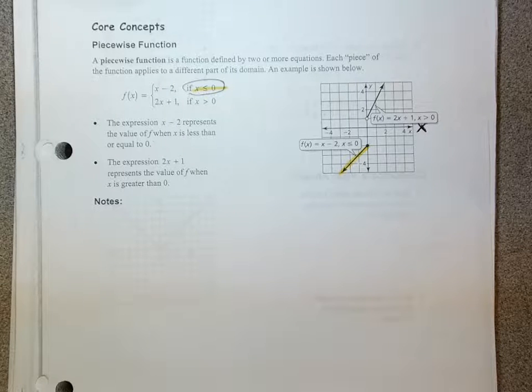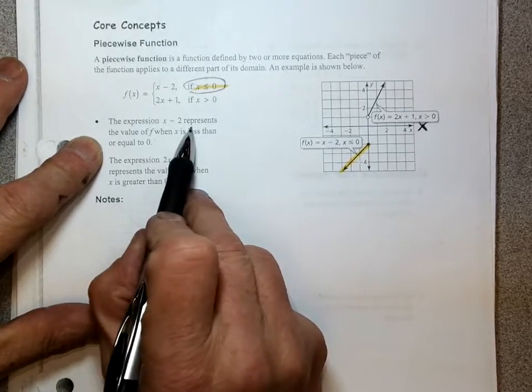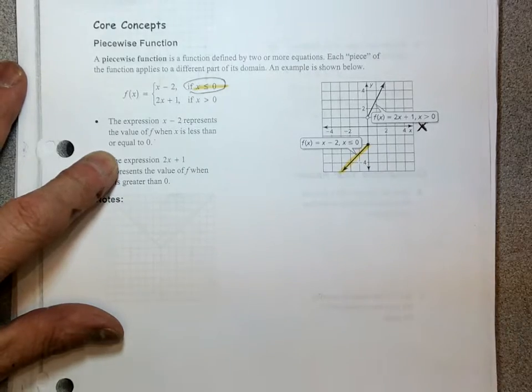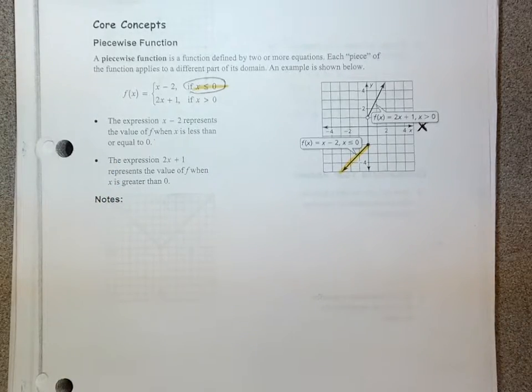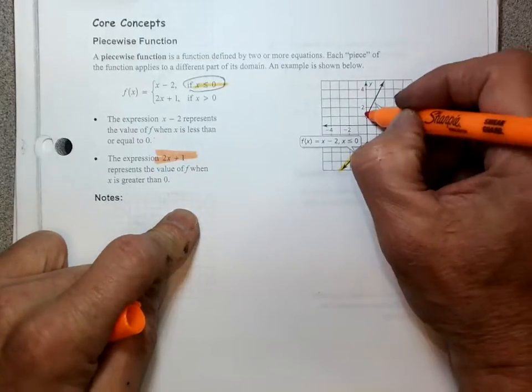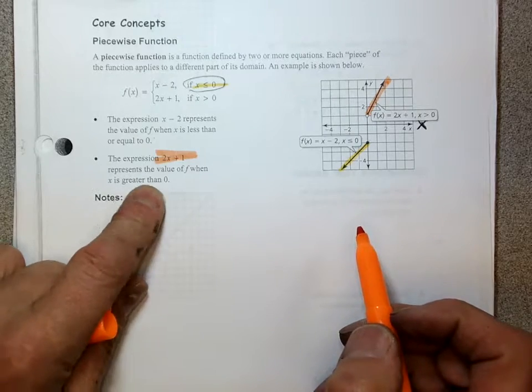So all that equals sign means is that it is counted. If it's counted, yes, well said. So x minus 1 represents the value when x is less than or equal to 0. That's that part, right? And then, in a different color, this part right here is this graph when x is greater than 0, but not equal to.